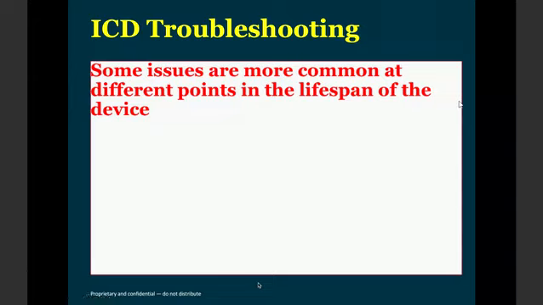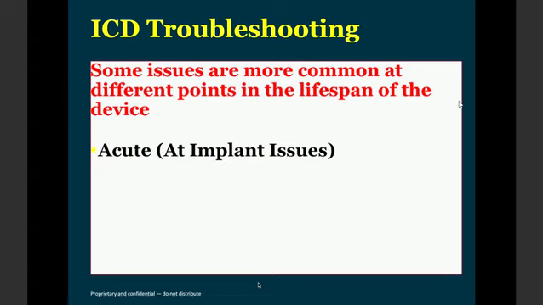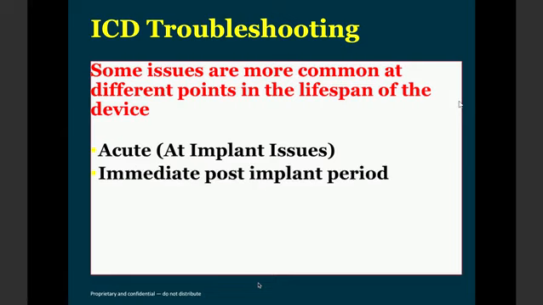Regarding ICD troubleshooting, some issues are more common at different points in the lifespan of the device. For example, one can be at the time of implantation itself. You may not be able to defibrillate, the DFT, the defibrillation threshold, may be higher. You may not get good sensing voltages in a place where you are screwing in or fixing the lead. So there are problems which happen during the implantation.